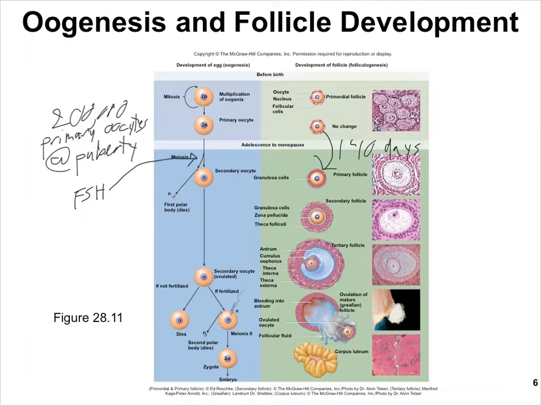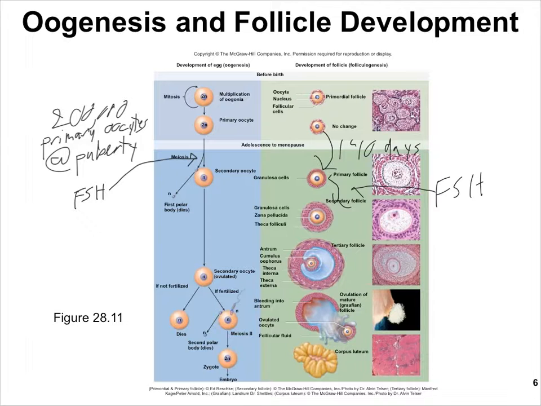This process of the primordial follicle changing into the primary follicle, as this happens, these begin developing receptors for FSH. So this second step is actually going to be dependent on FSH, or follicle stimulating hormone, to happen.